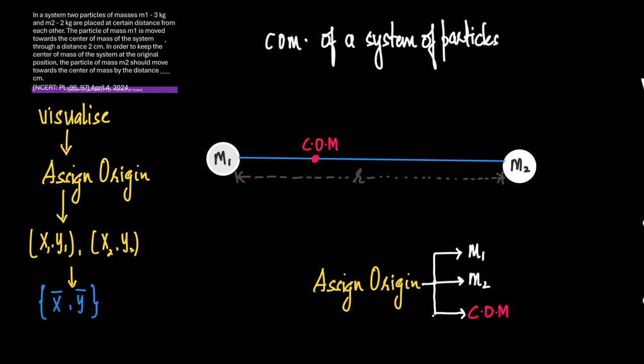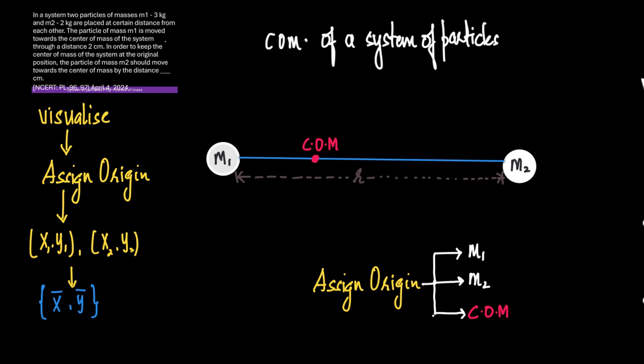Now I have a question for you here, which is based on the selection of origin. With reference to questions based on center of mass, calculating the center of mass of a system of particles, origin selection is really important. In this question, there are two masses, and therefore many origins can be selected.